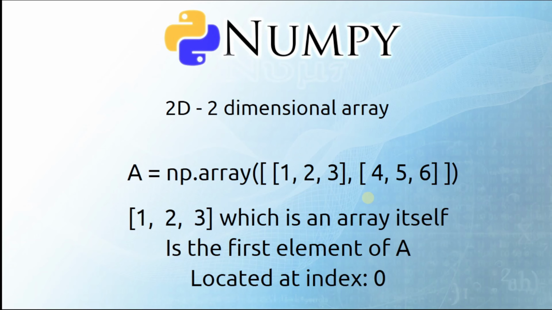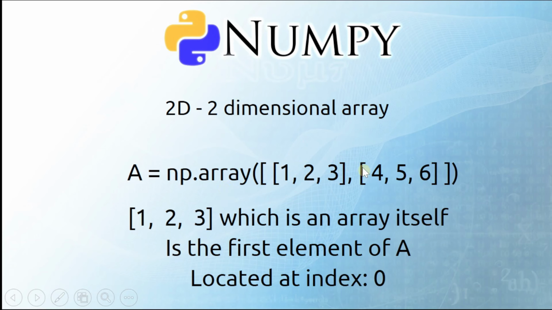Or a multidimensional array. In this case, you have a two-dimensional array. So in this example here, what you have is two elements, both of them being vectors. So each one of these, whether 1, 2, 3, or 4, 5, 6, is an element or an array, and each of these two arrays is actually an element within this larger array.